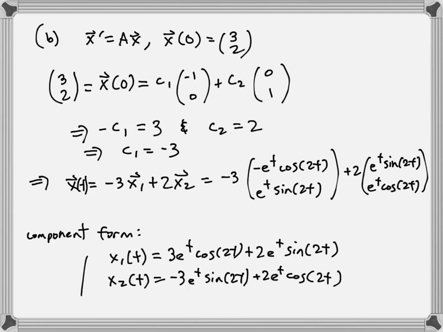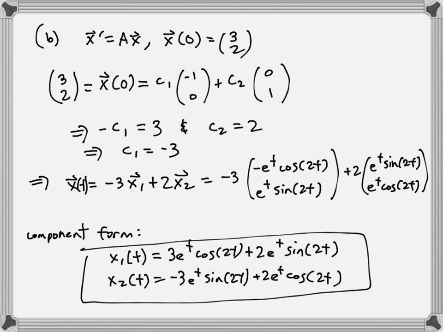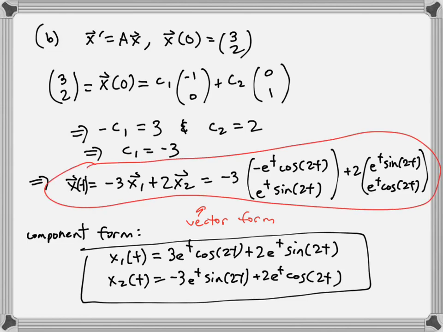Okay, so this would be in component form, but of course, we like vector form. It's a little more compact, and so this would be vector form. And of course, as a third form, we've also got matrix form, if you want to use the fundamental matrix to do your problem. Okay?